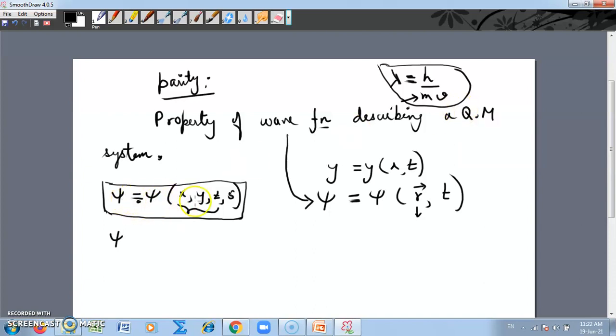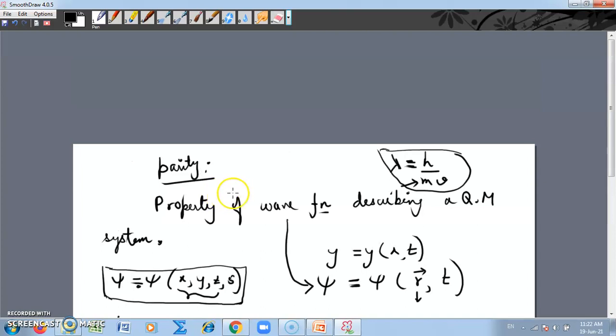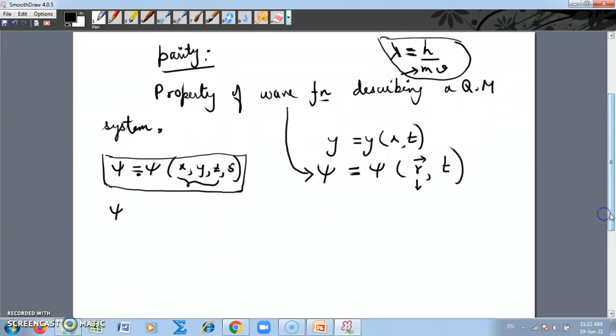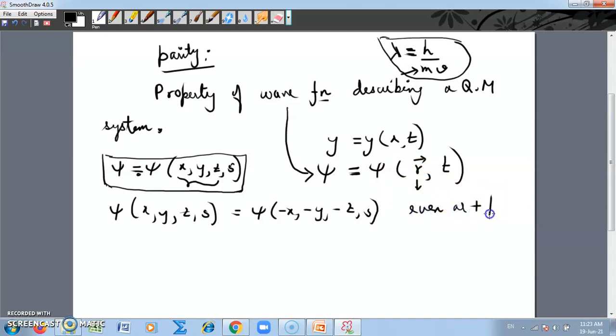So psi is a function of x, y, z and s. Now let's describe what parity is. Parity is a very mathematical quantity. It's like this: if psi(x, y, z, s) is equal to psi(-x, -y, -z, s), then we say that the system has an even or positive parity.